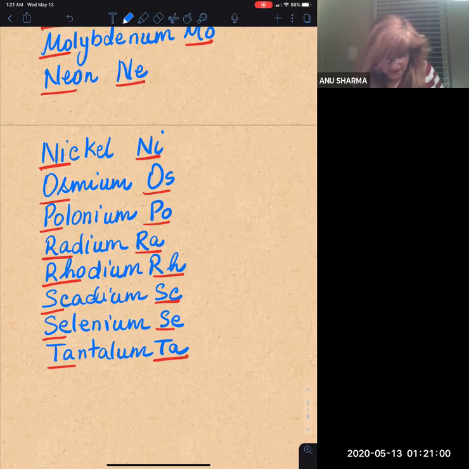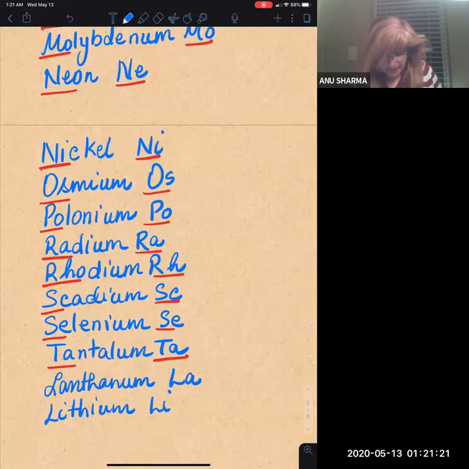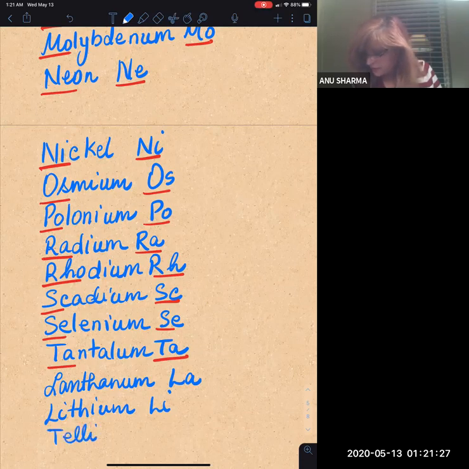For example, iridium, krypton, lanthanum. Lanthanum is La, okay? Then comes lithium, Li, okay? Lutetium, manganese. Then comes tellurium, which is Te, okay?